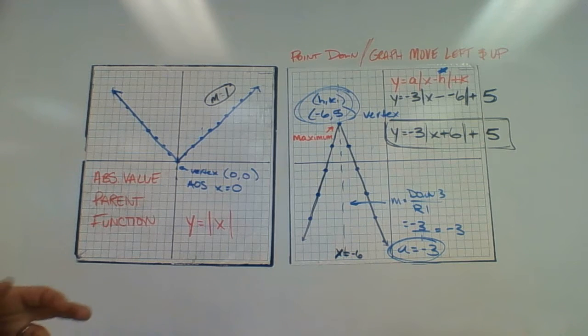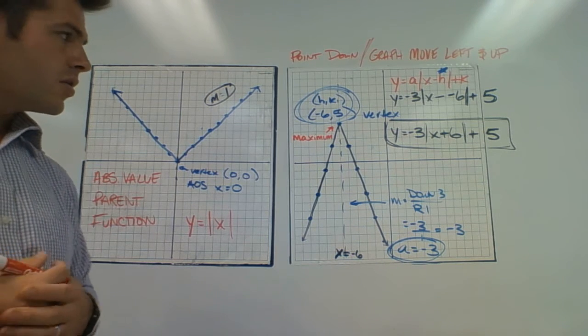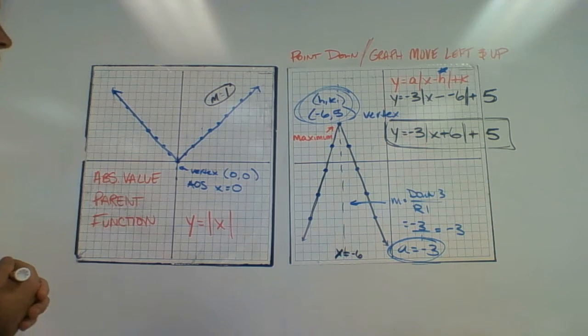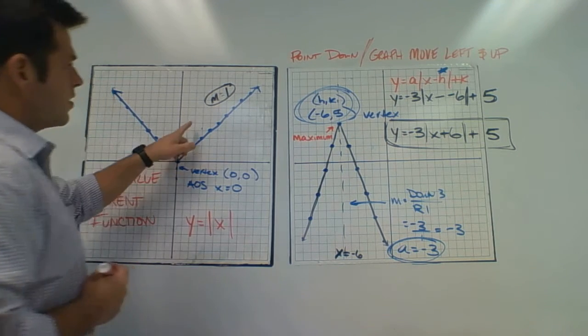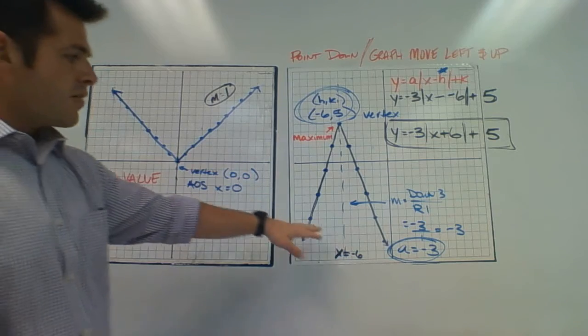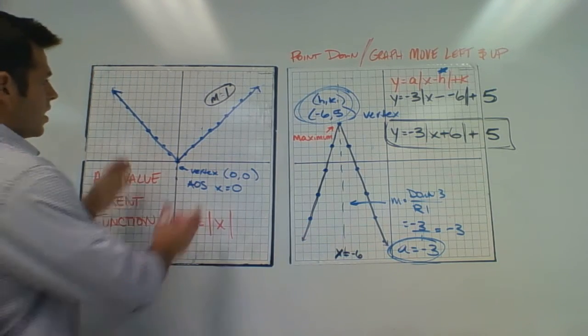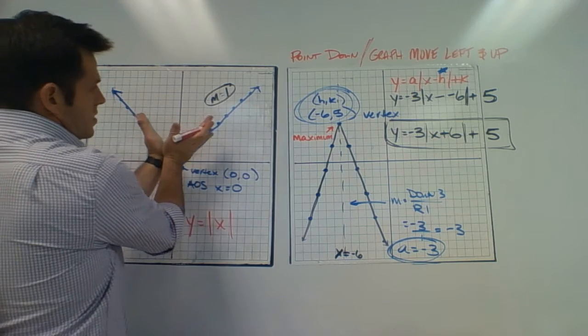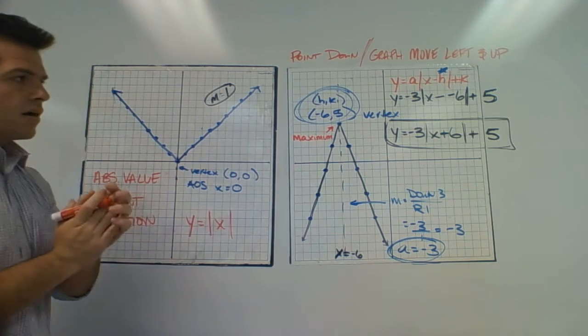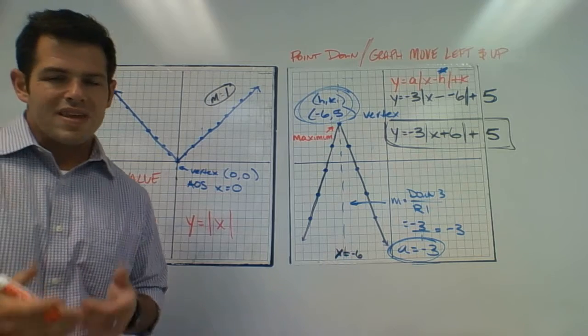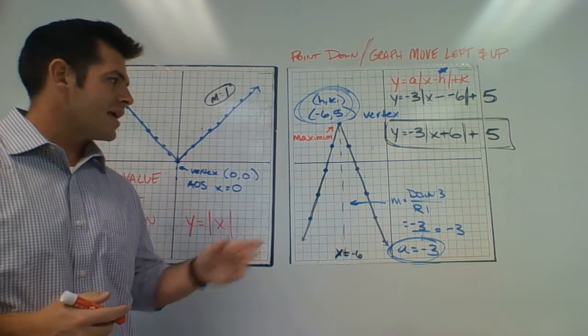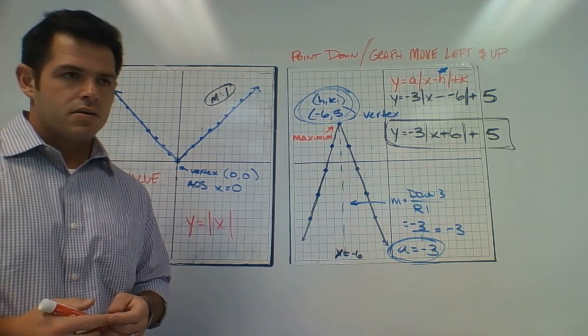And finally, and this might not be as clear as what it could be, but this graph right here has an a value of 1. This graph right here has an a value equal to negative 3. And this, compared to what's happening over there, the graph of the absolute value, generally speaking, has become skinnier.